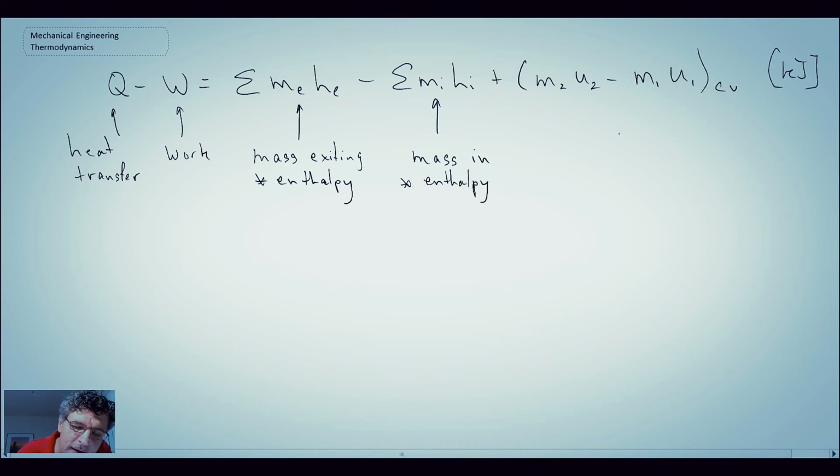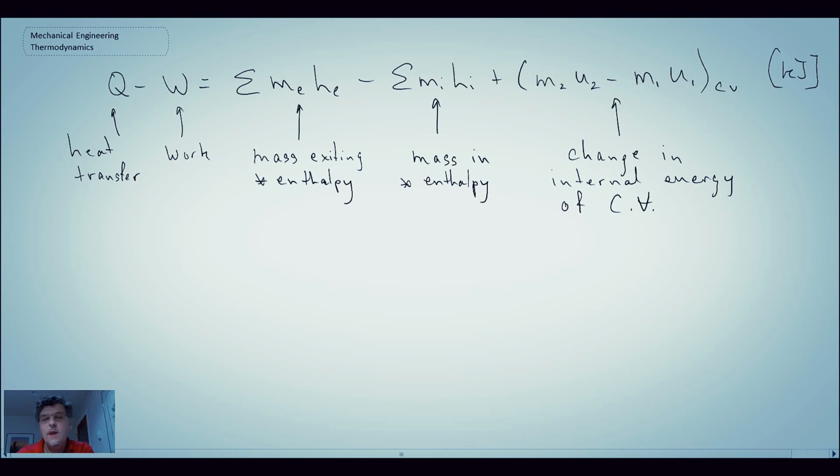And finally, the last term here is the change in internal energy of your control volume. So that's a form of the first law that we can use for cases where we have unsteady flow under the uniform flow approximation, or assuming it to be a uniform flow process.